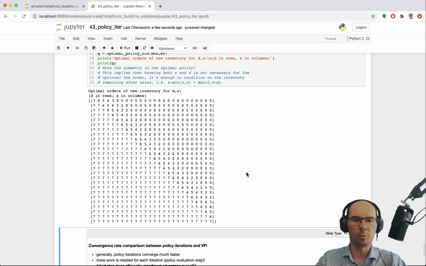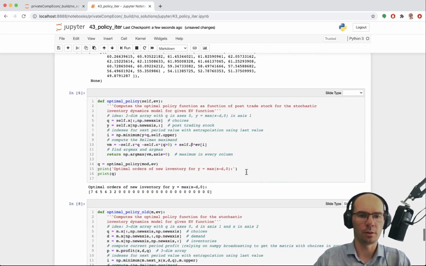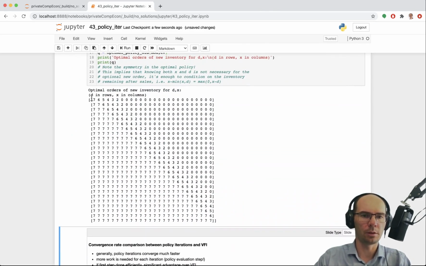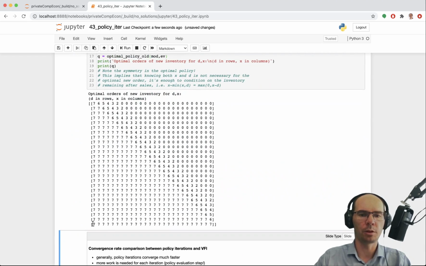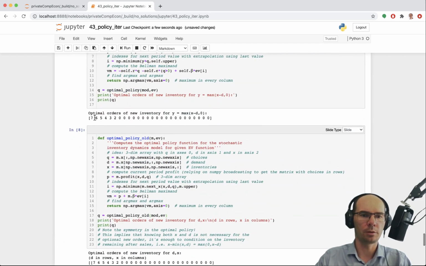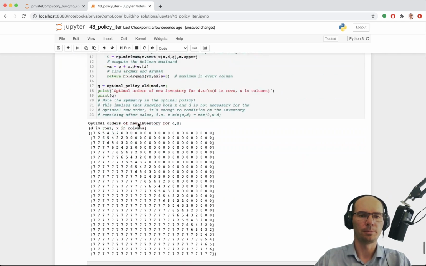Okay, so let's compare the old and the new. You can see that the old is ordering 7 for all of the points where x was less than d. So after the trade, we're left with no inventory. And that corresponds to this first element here. So if y is 0, then we're ordering 7.